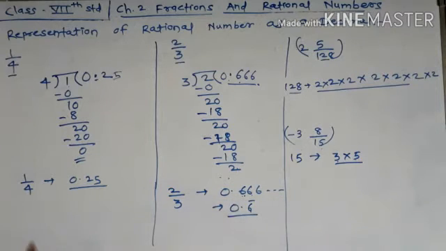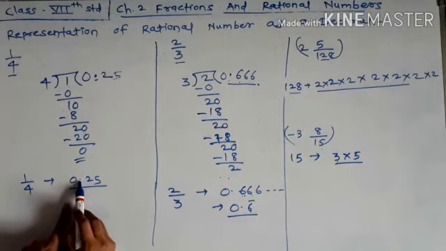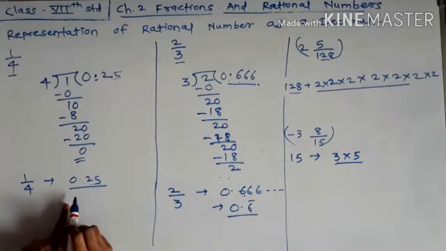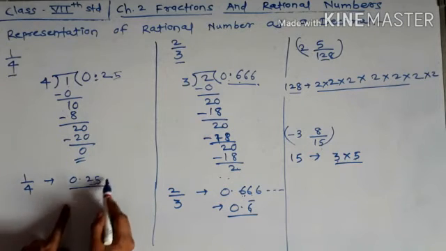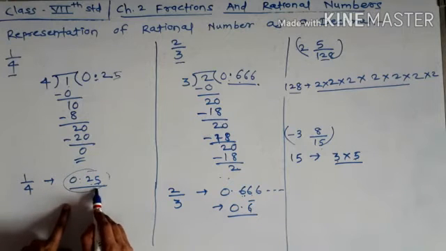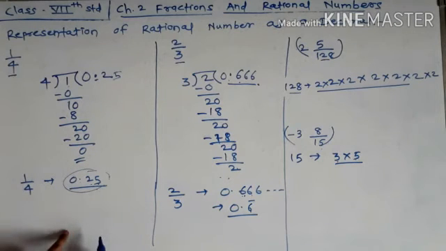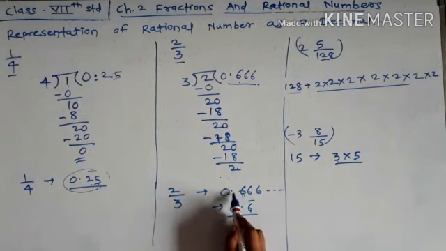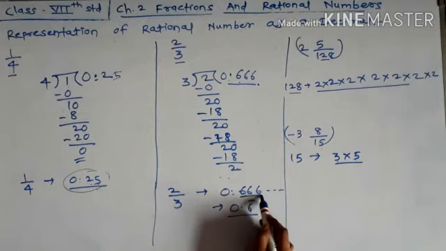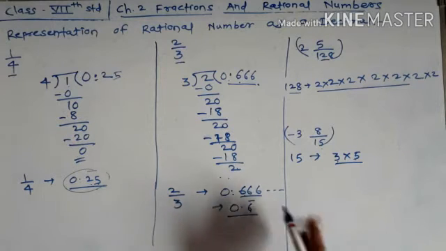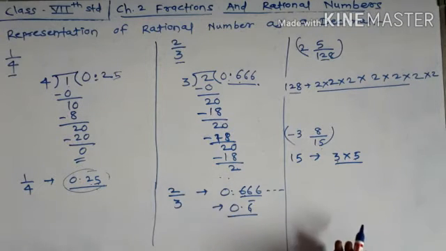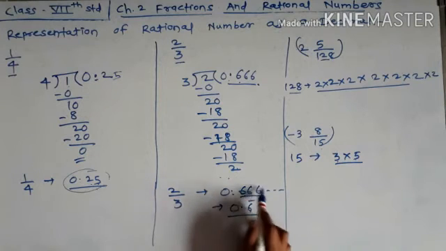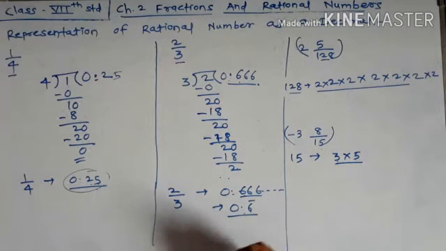In the first case, after the decimal point, only a finite number of digits came. Such decimal numbers are known as terminating decimal representation. And when after division, after the decimal point, the numbers go on repeating up to infinity, such decimal numbers are known as non-terminating repeating decimal numbers.